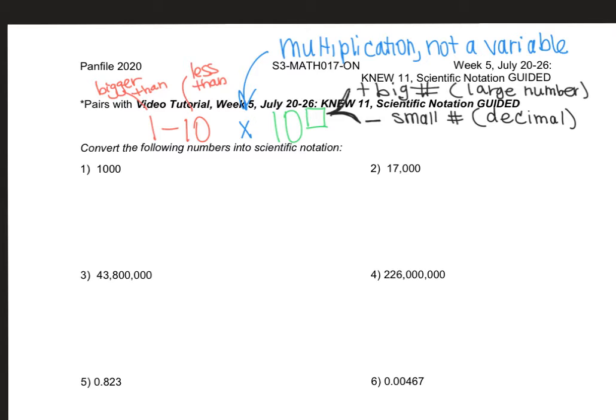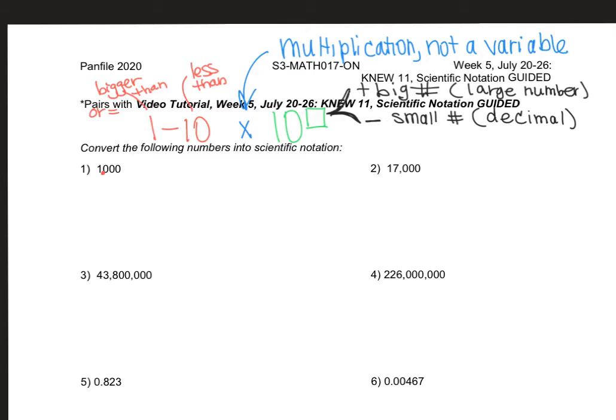It has to be bigger than or equal to 1, but less than 10. So if I place my decimal here, it is equal to 1, which is allowed because it has to be bigger than or equal to 1, but less than 10. So that's where I leave it.